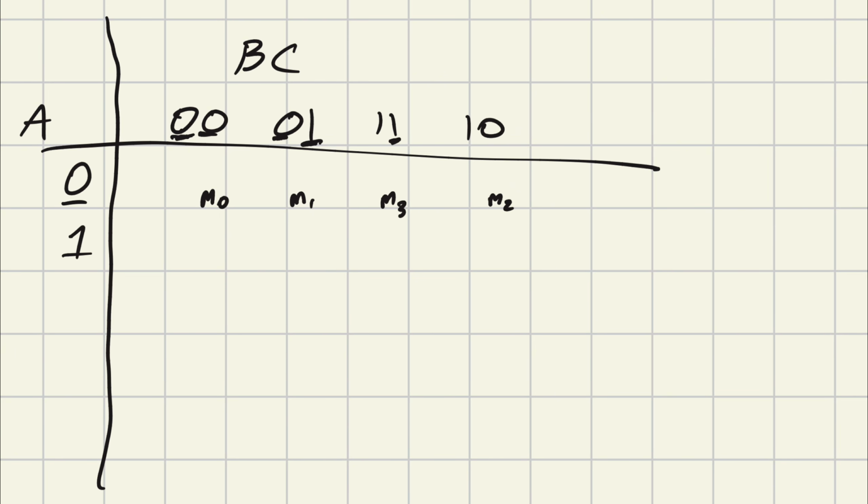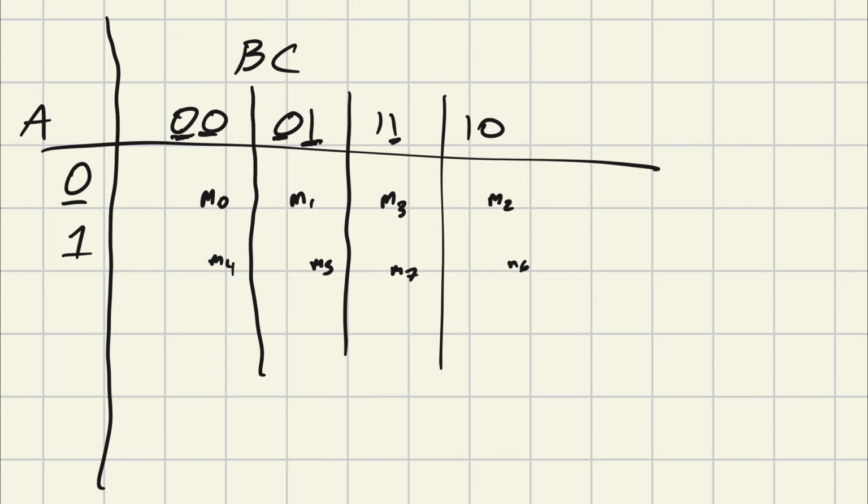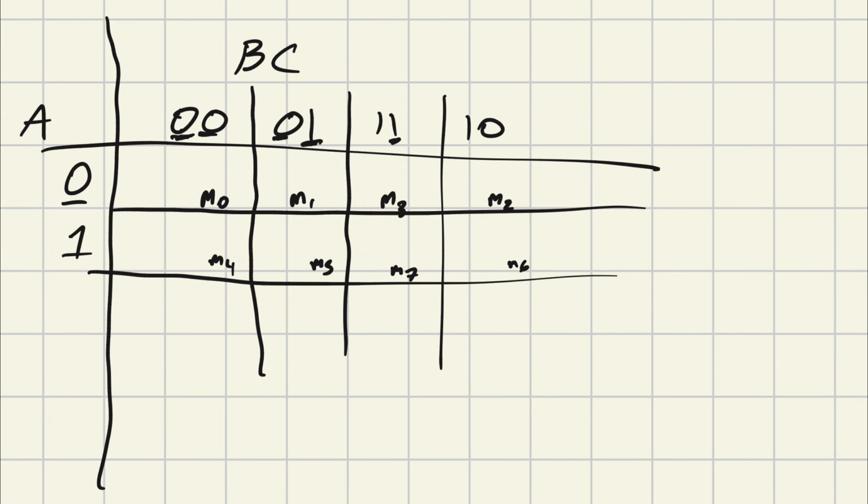And we can do the whole variable table like that, so that would be minterm 4, minterm 5, minterm 6, and minterm 7. And then we can just simplify by drawing some lines, just like that. And now we know our K-map is made for 3 variables.